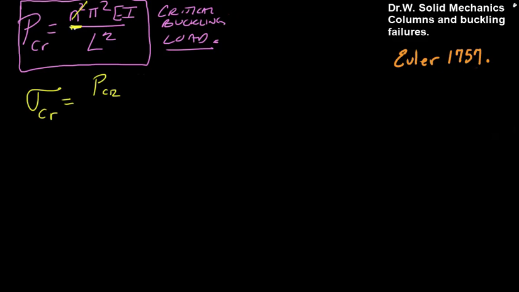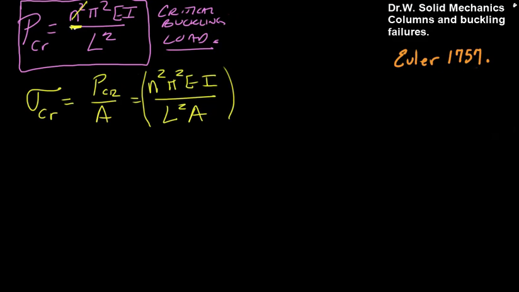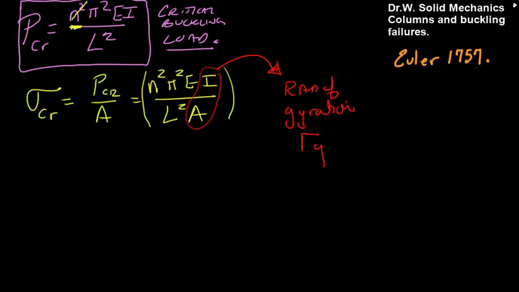In that case, it would be P critical over the cross-sectional area, which would be n squared pi squared EI on L squared A. Note that we have an I over A in here, which it's okay to leave in there, but we could also take them out and look at the radius of gyration, R sub G, which is defined as the square root of I over A.